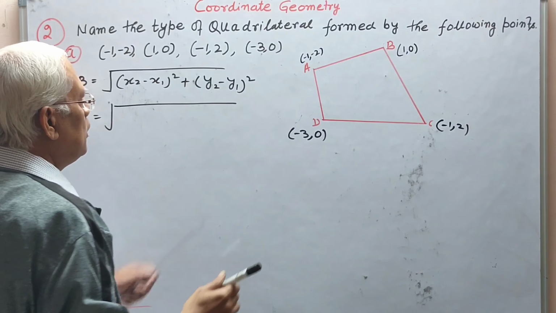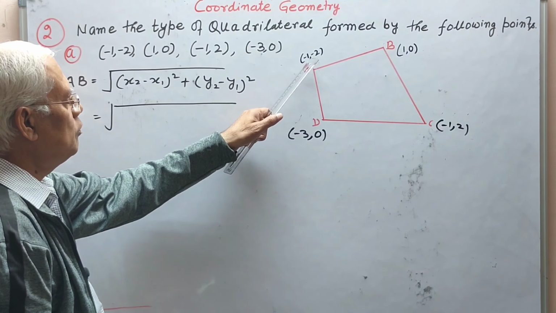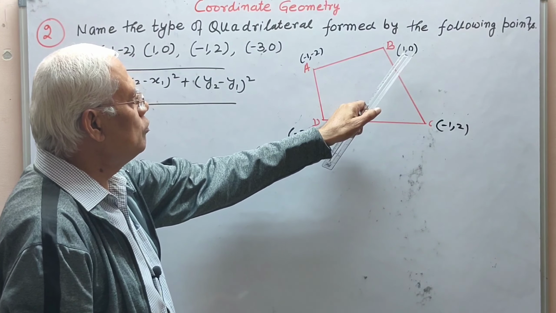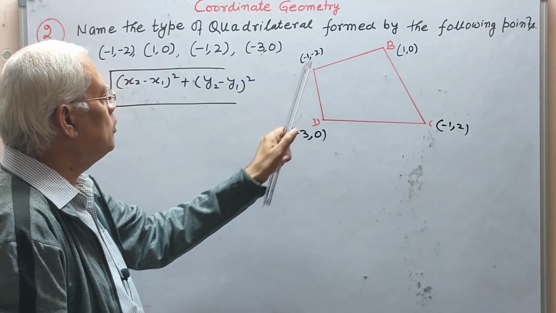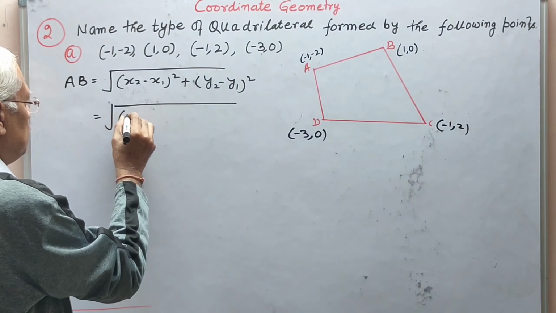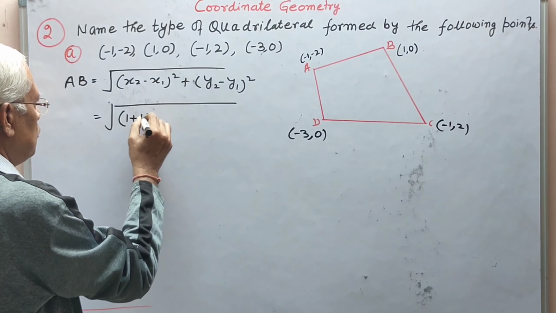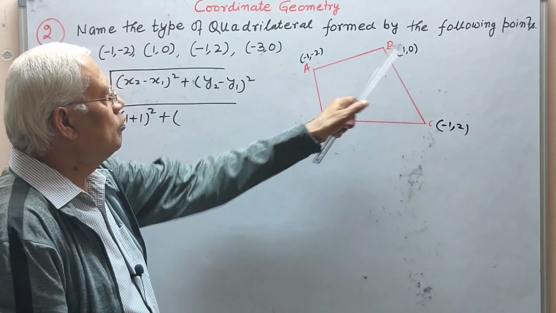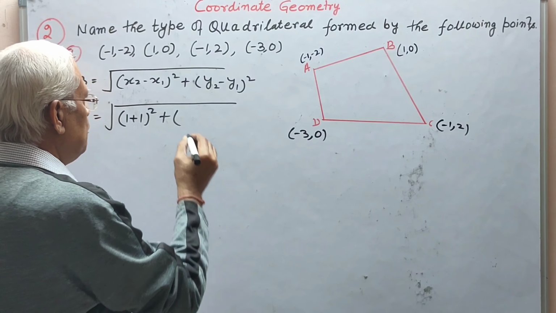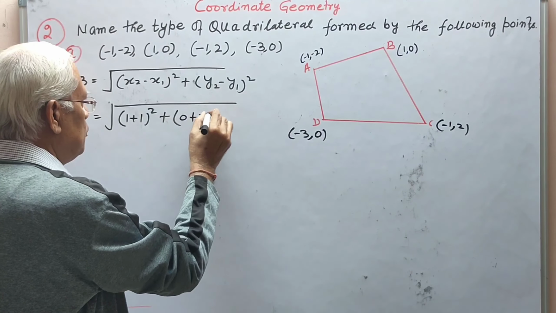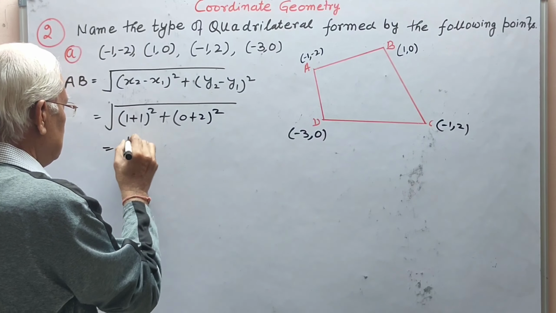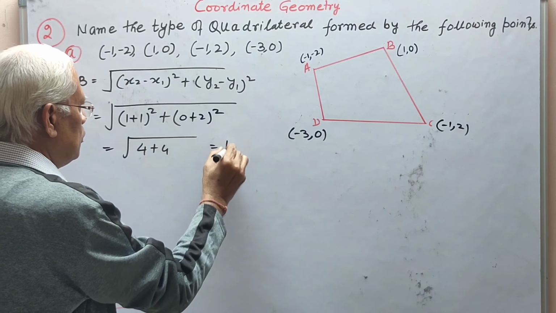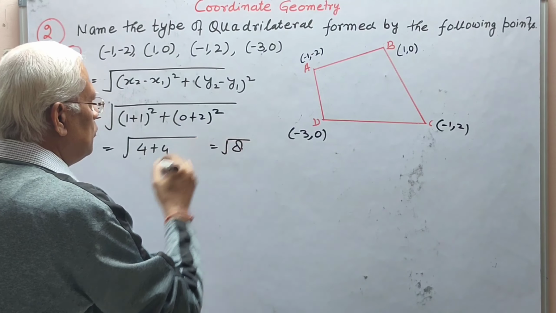Let us take this as x1, y1 and this as x2, y2. So x2 minus x1 whole square, that is 1 minus (-1) plus 1 whole square, plus y2 minus y1, 0 minus (-2), that is 0 plus 2 whole square. So this is equal to 4 plus 4, or you can say root 8.